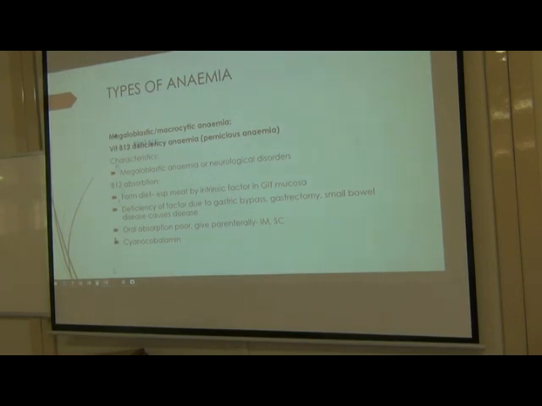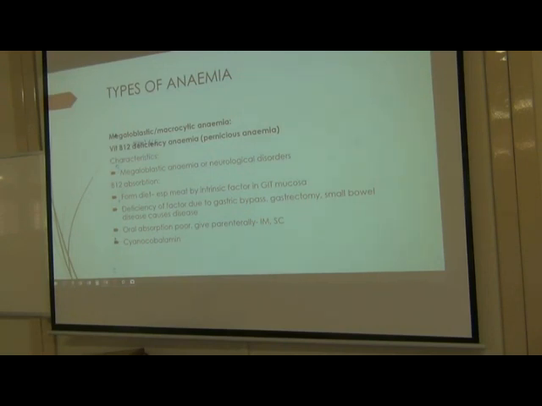Because absorption of B12 is aided by the intrinsic factor in the GIT mucosa. If the integrity of the GIT mucosa has been altered in any way through either gastric bypass, gastrectomy, or bowel diseases, it can affect the availability of the intrinsic factor, and then you would have B12 anemia.